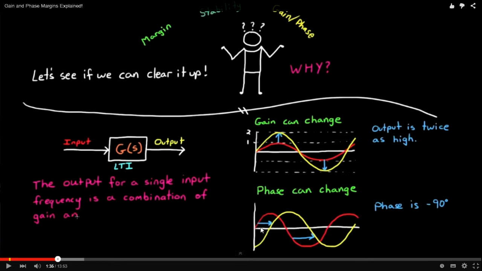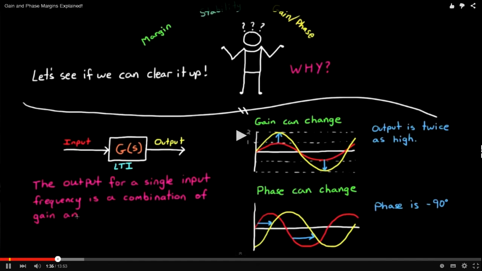The red one starts here, while the yellow one took slightly more time to start up from here. So the red starts from here, the yellow starts from here, and so there's a little phase shift. The yellow has a delay in a certain sense.